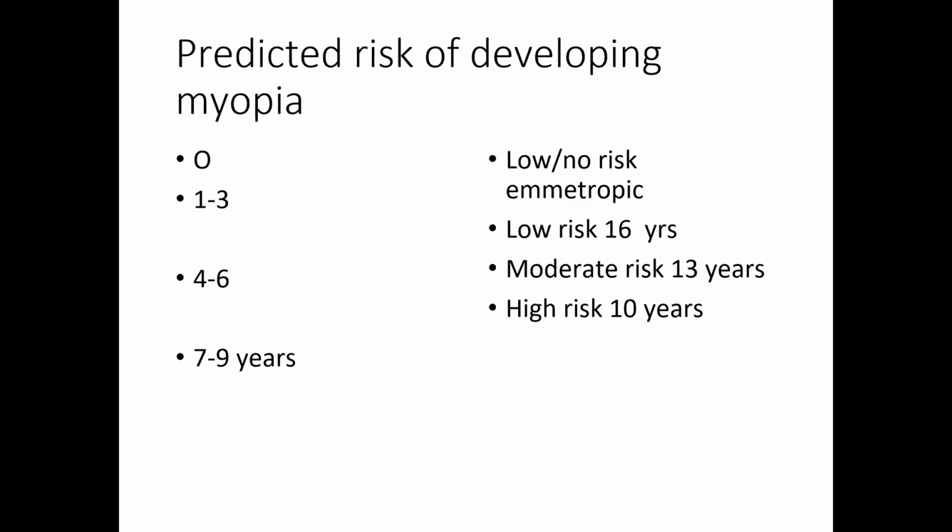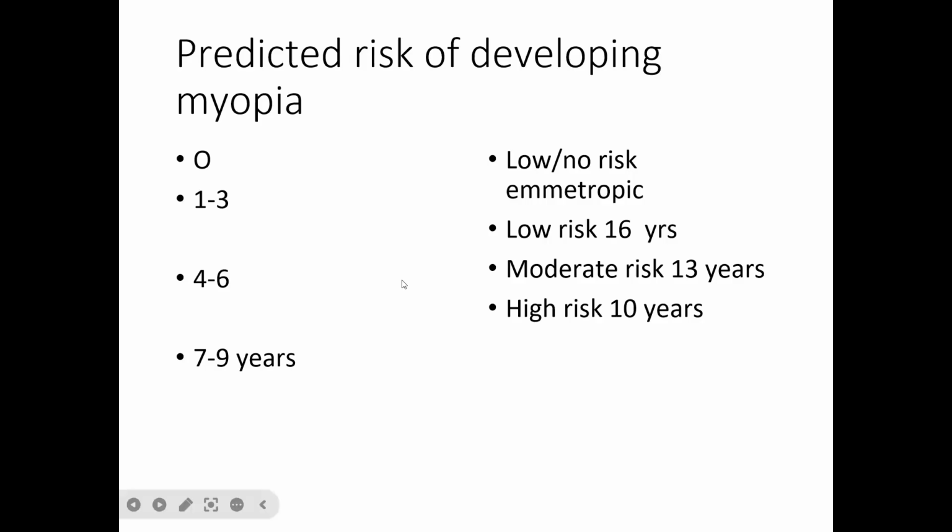The predicted risk of developing myopia according to this paper is: if the score is 0, it is low or no risk, so there is a likely chance that the child can be emmetropic. If the score is 1 to 3, it is low risk, and the likely chance is that the child becomes myopic by the age of 16 years. If it is 4 to 6, it is moderate risk, and the child will likely be myopic by the age of 13 years.